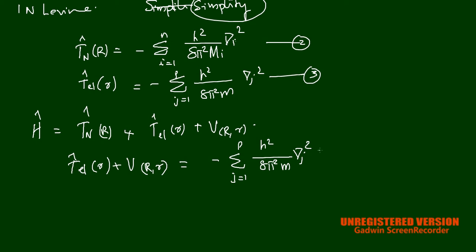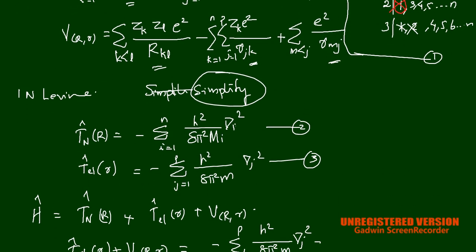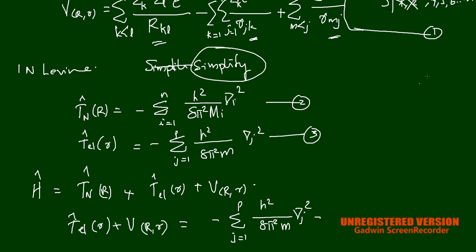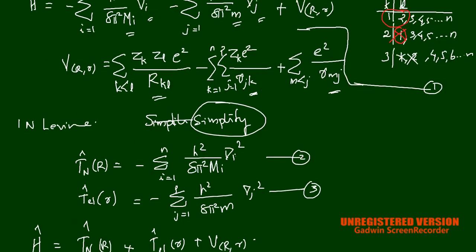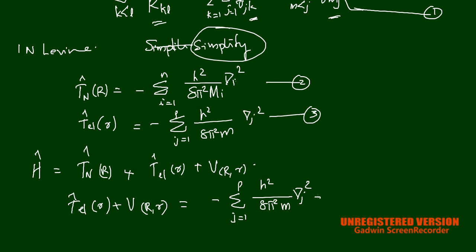Okay, then V_eN, that is minus sigma, this one minus sigma. We will include the first term as positive, so plus sigma k less than l.